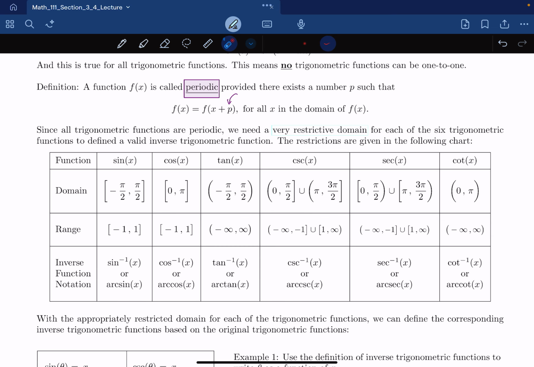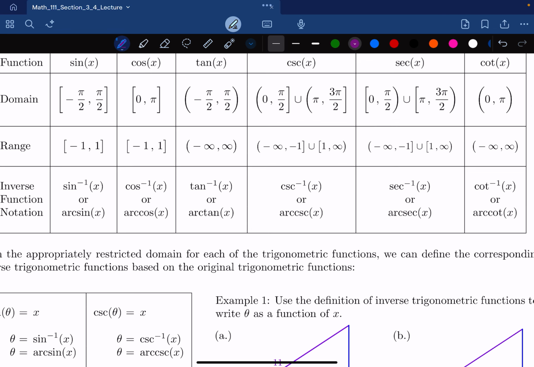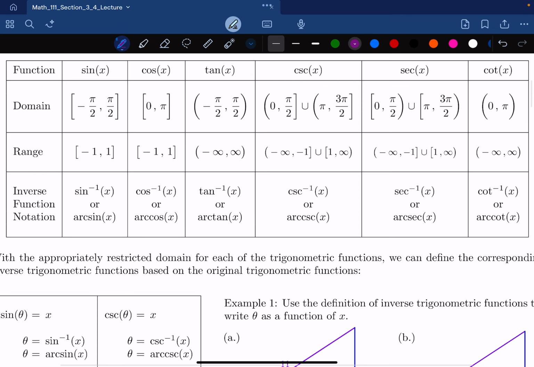That's the whole point. Now that we're working with the restricted domain, we can talk about the inverse. The notation for the inverse follows the same pattern here: it is either this inverse notation, this -1, or the arc notation. Both of these are interchangeable and mean exactly the same thing.